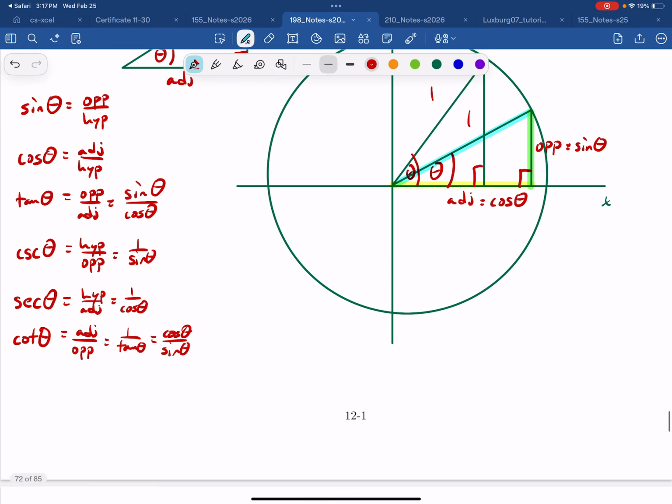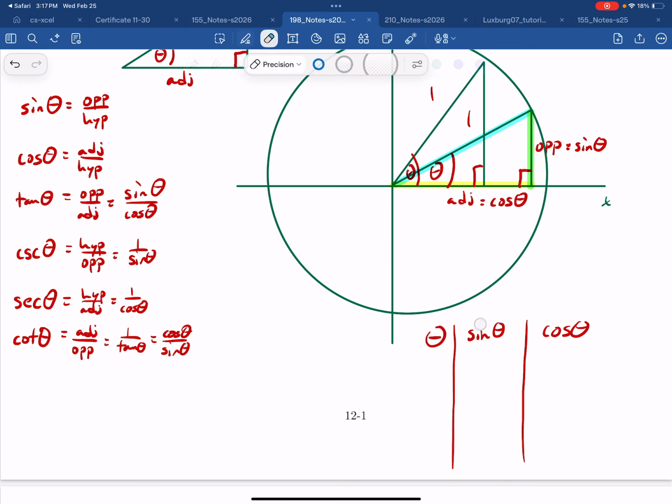Now, there are various things about the unit circle. Just the last thing I'll do before I end this video is some basic values. For theta, this is what sine of theta is. This is what cosine of theta is. When we're talking about radians, by the way, we don't measure theta in terms of degrees.